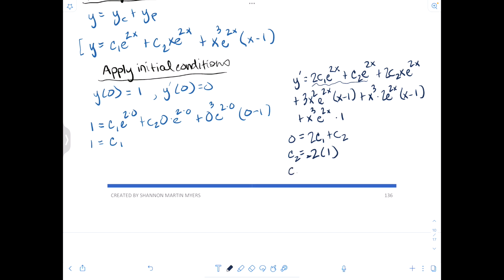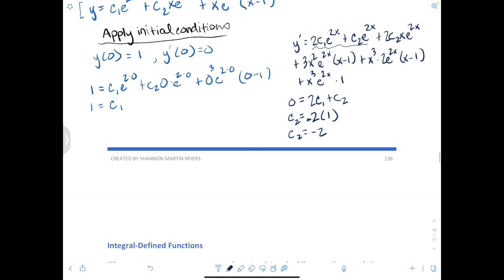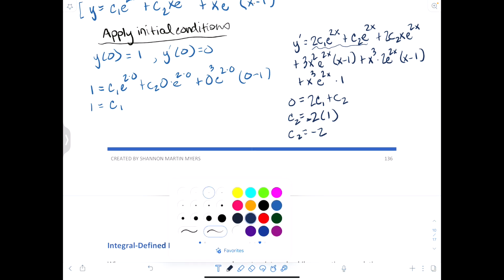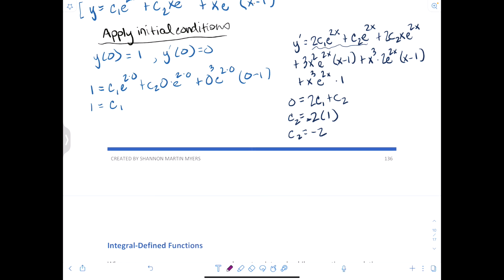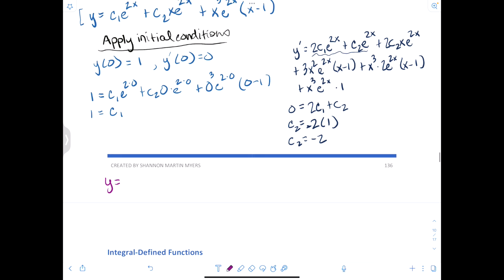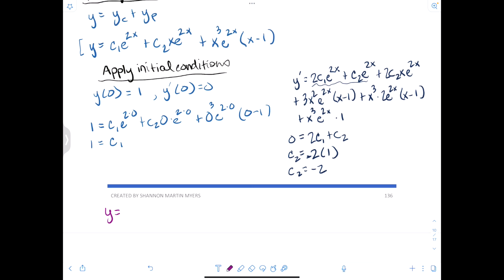So we'll have c2 is negative 2. And then finally, drum roll, our solution will be y equals, c1 was 1, so we'll have e to the 2x minus 2x e to the 2x plus x cubed e to the 2x times x minus 1.